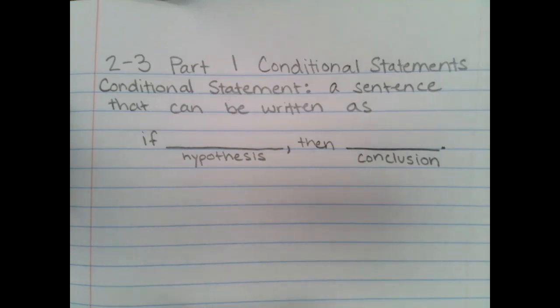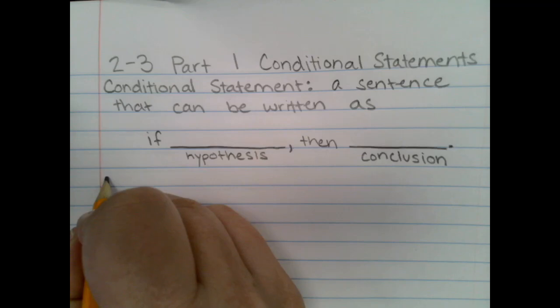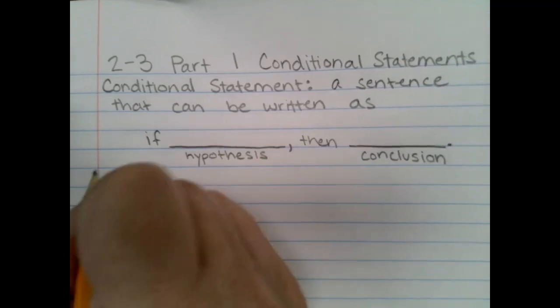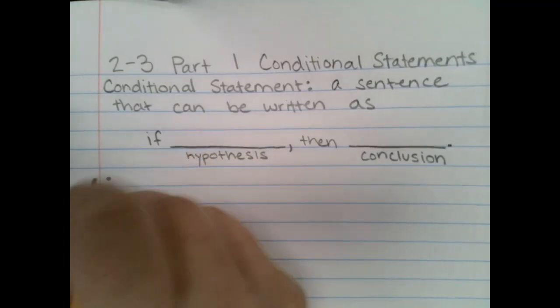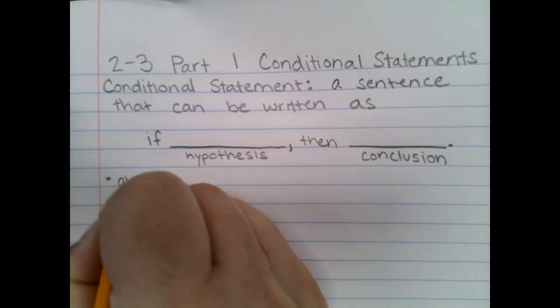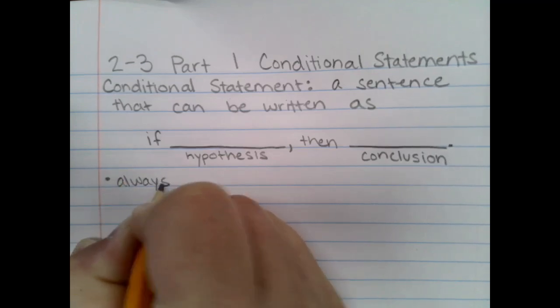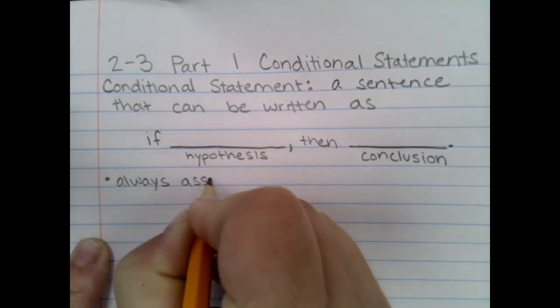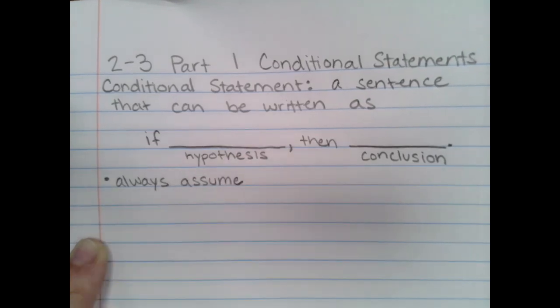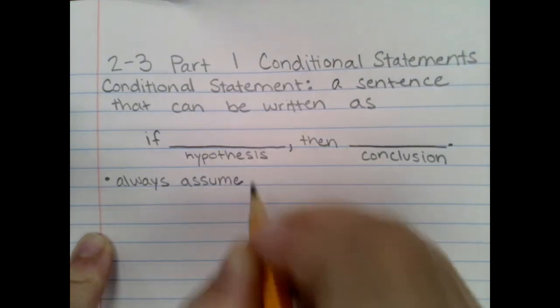Okay, we're going to make one little note here. So if you want to just do a little bullet or a star or something, we always assume the hypothesis happened.